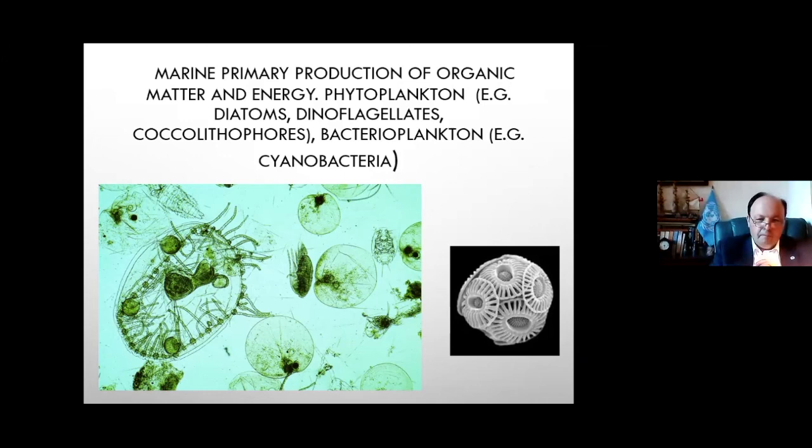They're capturing CO2 emissions and they use it as part of their armor, if you like. They are also photosynthetic little creatures, microalgae. Another type is bacterioplankton, a particular type being cyanobacteria.